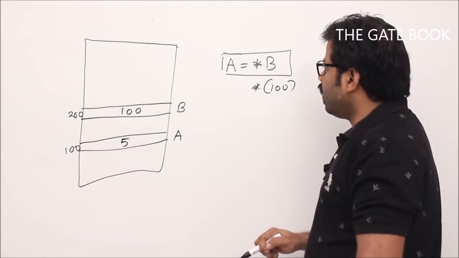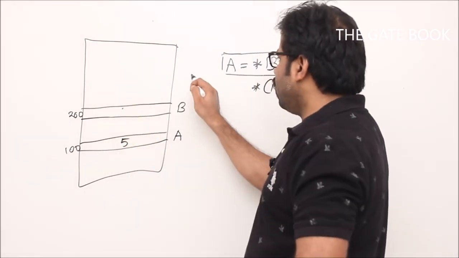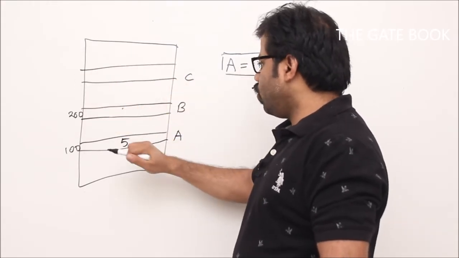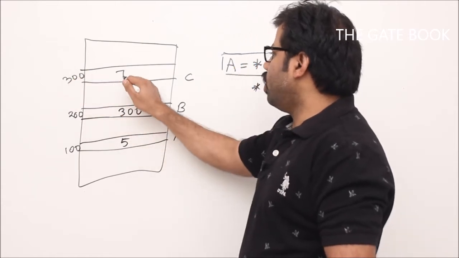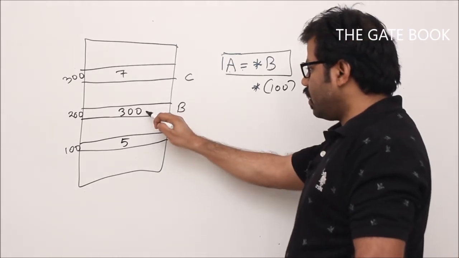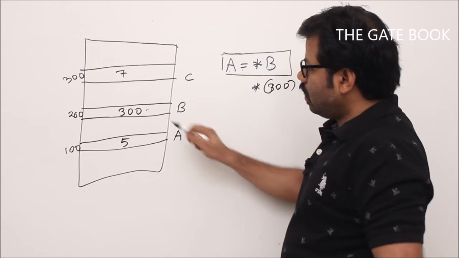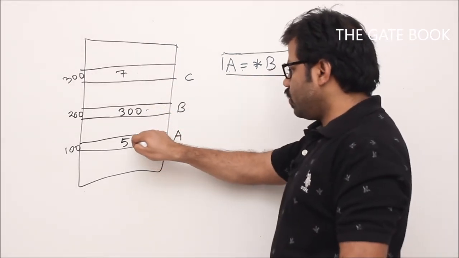We do one thing: we take another variable C, which I don't show in the instruction, to understand it in an easy way. 200 contains 300, and 300 is C. 300 contains the value 7. When you do A equal to star B, since B is having 300, star 300 is 7, right? So finally A should get 7.